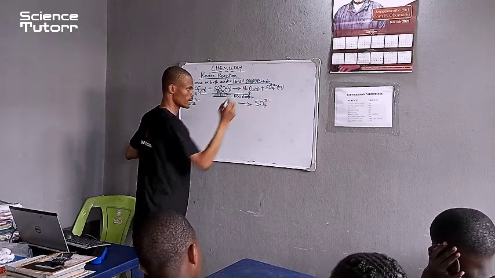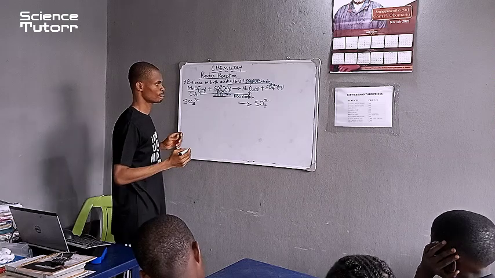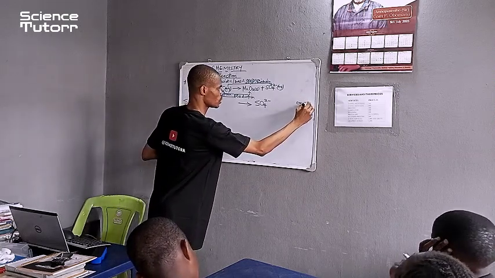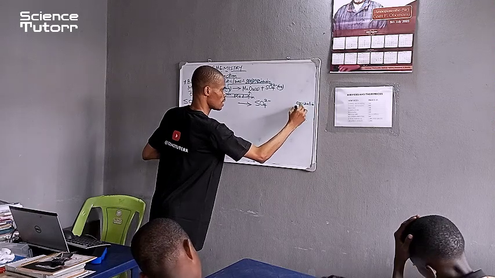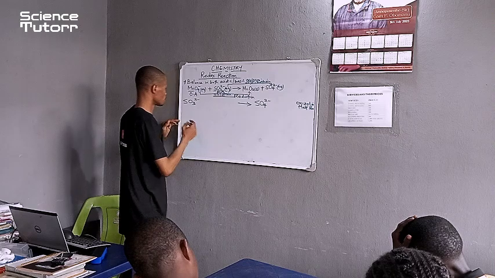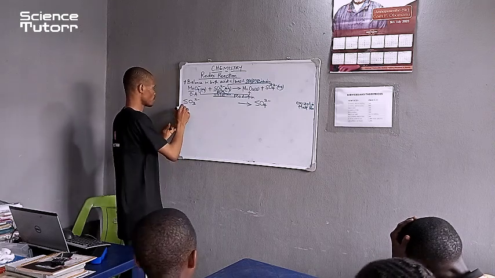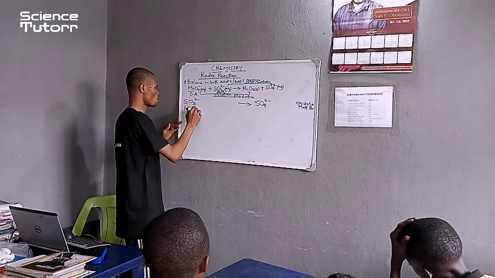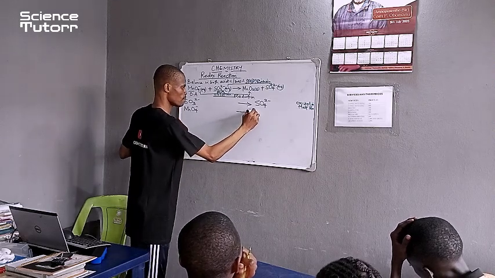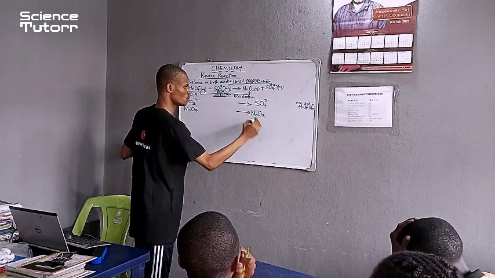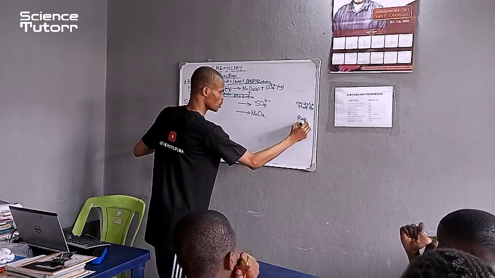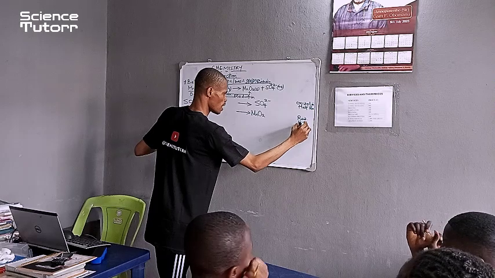SO4 2 minus. Is that true? That is the oxidation half reaction. What of reduction half? MnO4 minus giving us what? MnO2. This is our reduction half equation.